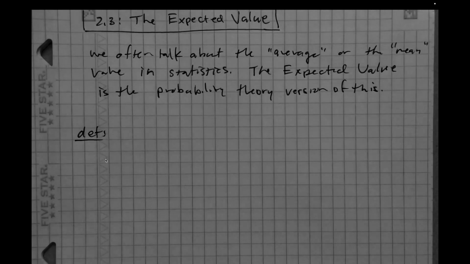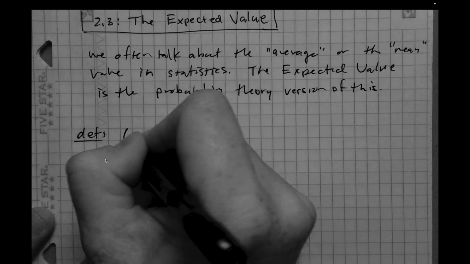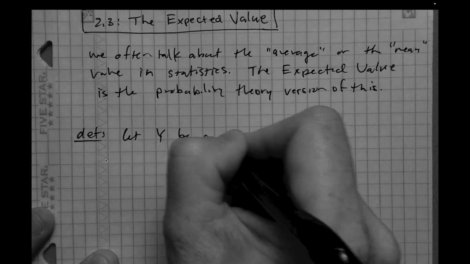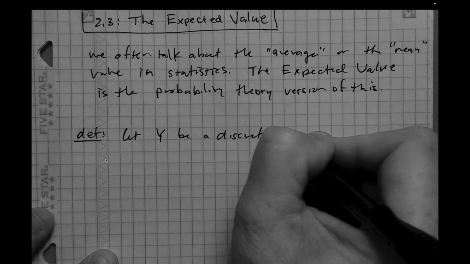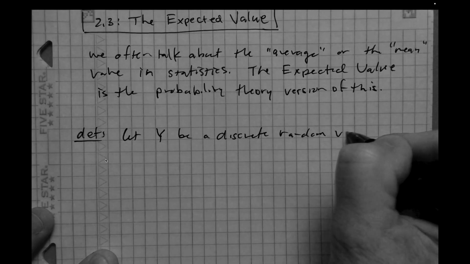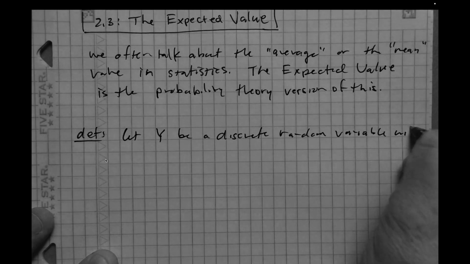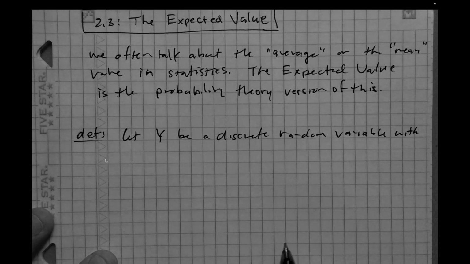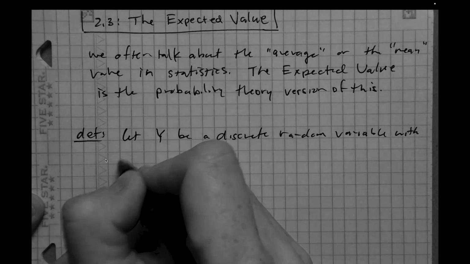Okay. So let's go ahead and define the expected value. The definition here. Let y be a discrete random variable with probability function p(y).